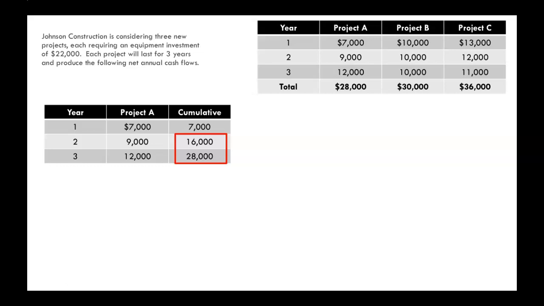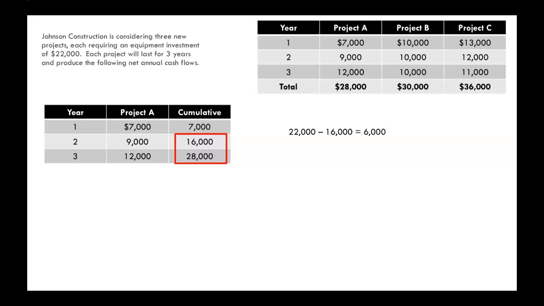We can notice that the $22,000 is somewhere between the end of year 2 and the end of year 3. So what we are going to do is take the $22,000 and subtract out the $16,000.